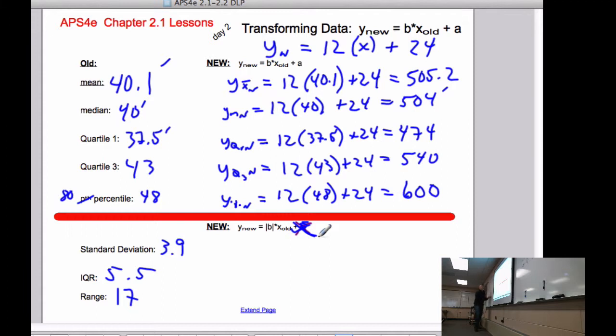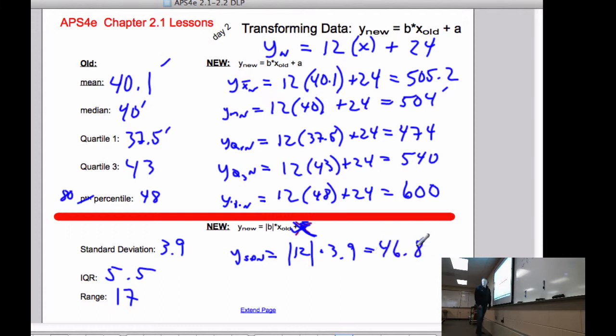So for our standard deviation, y of standard deviation new is equal to the absolute value, which is almost always what it is anyways, making a positive number, of 12 times the old of 3.9. The plus a, drop. Don't even write it. What do you get? 46.8.